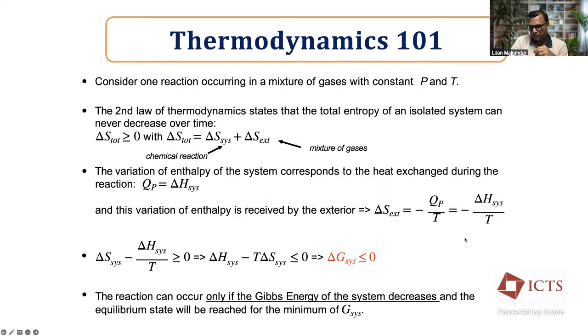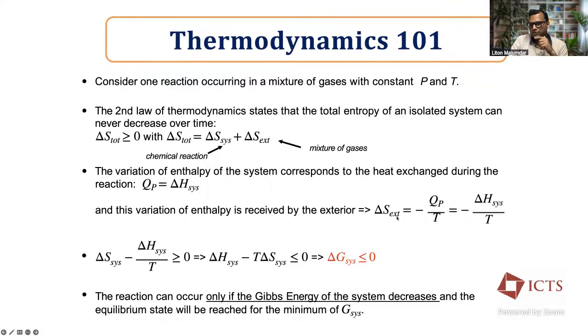In order to represent that, there is a negative term. So the entropy change of the external surroundings will be the heat divided by the temperature, which corresponds to the enthalpy change divided by the temperature.